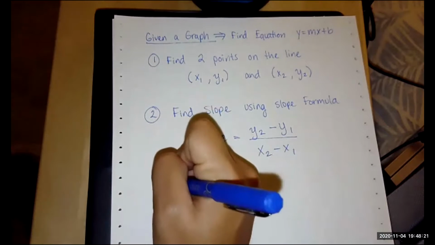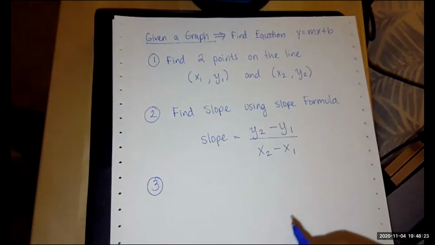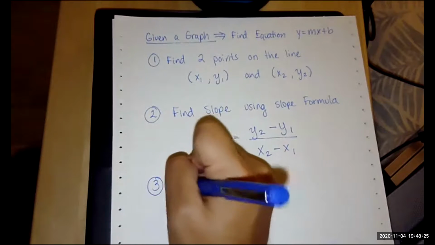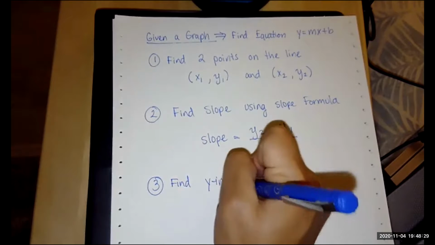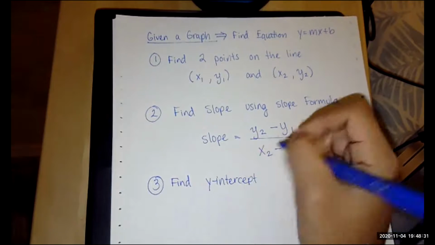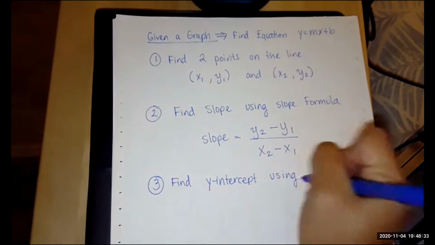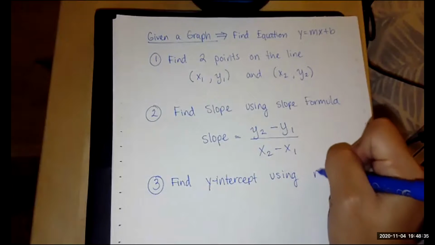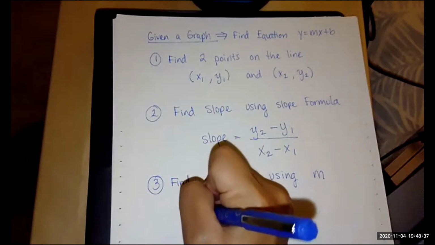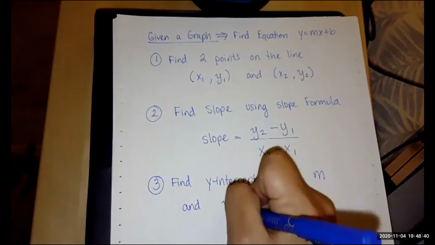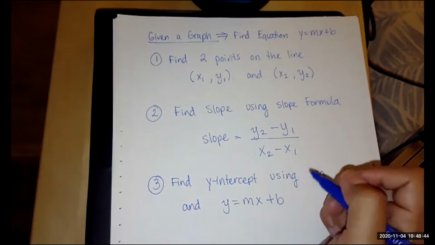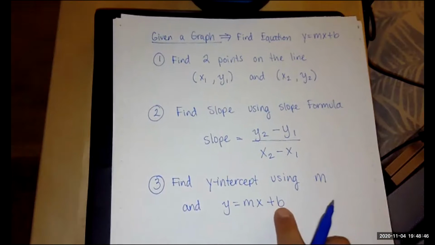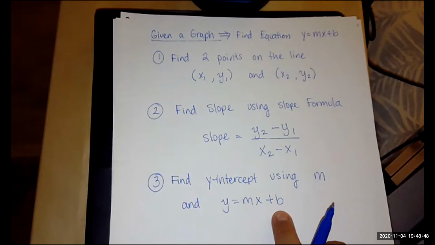Then the third thing we're going to do is we're going to find the y-intercept using the slope m and the formula y equals mx plus b, because we're looking for the y-intercept, which is going to be b.